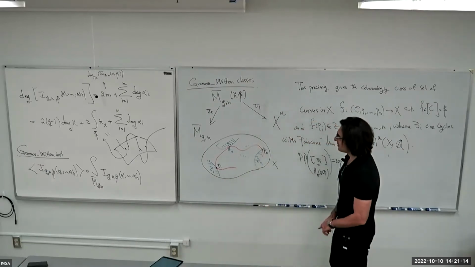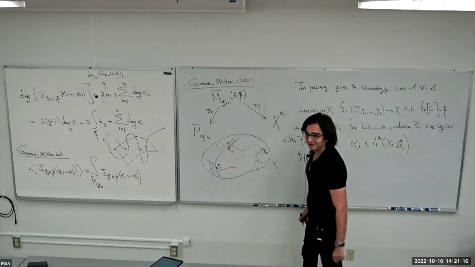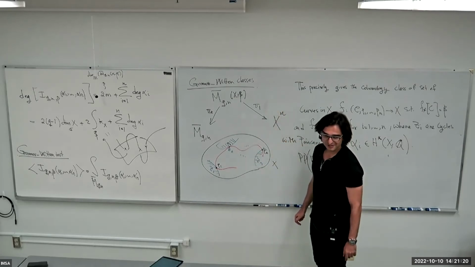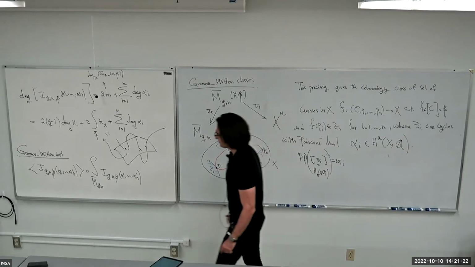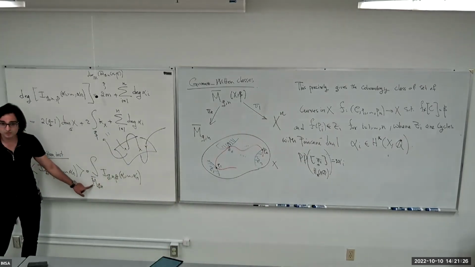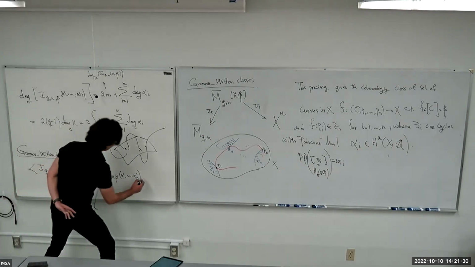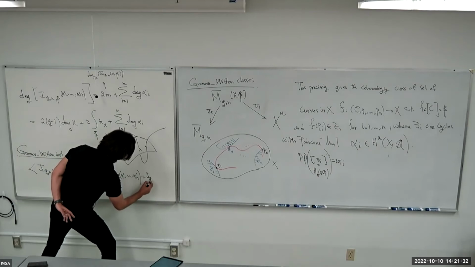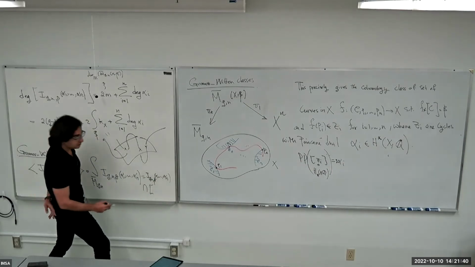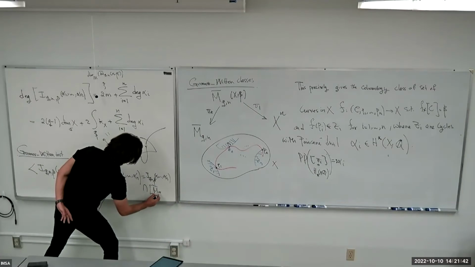Now you might ask, can I integrate on here too, without pushing forward? The answer is yes. But the Gromov-Witten class lives in the cohomology theory of M-bar_{g,n}. That's why this is well defined. So this is I_{g,n,beta}(alpha_1 to alpha_n) intersected with the fundamental or virtual fundamental class of M-bar_{g,n}.